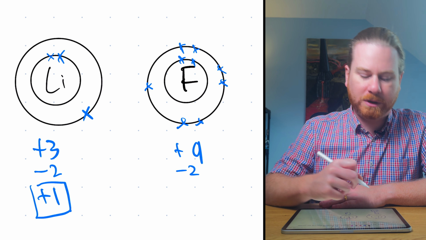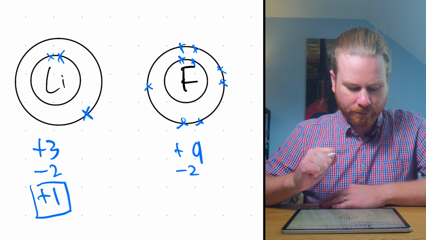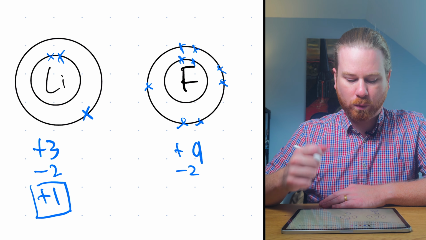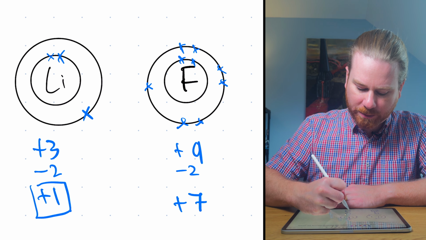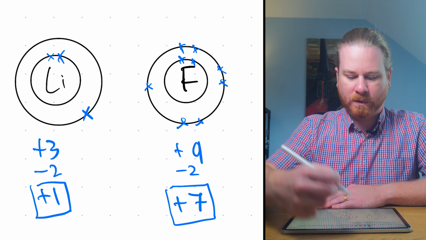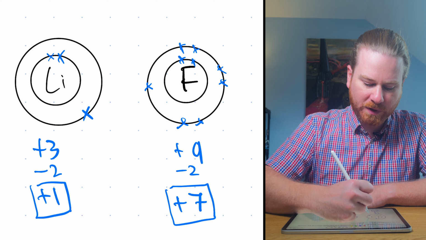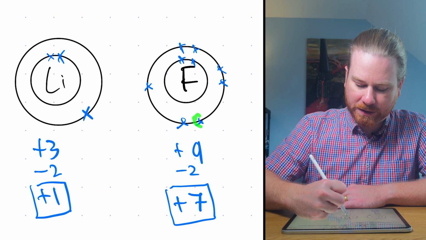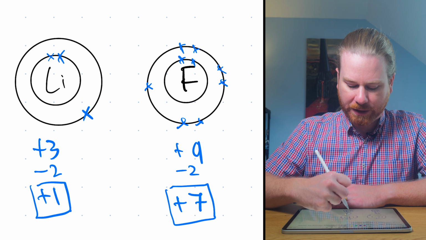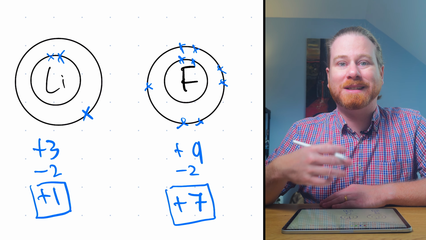The effective nuclear charge for lithium is +1. For fluorine, it's going to be +7. So with lithium, this electron is just feeling a +1 charge from the nucleus, whereas each electron in fluorine is feeling an attraction of +7.